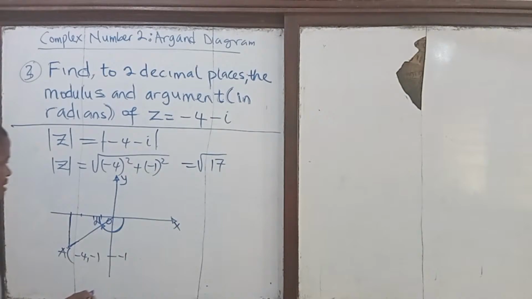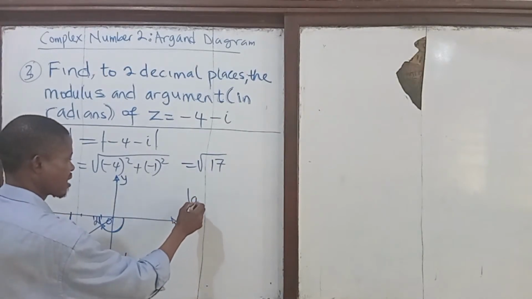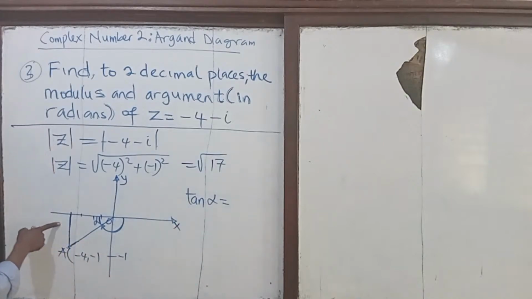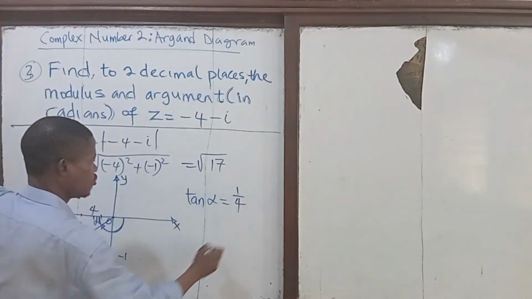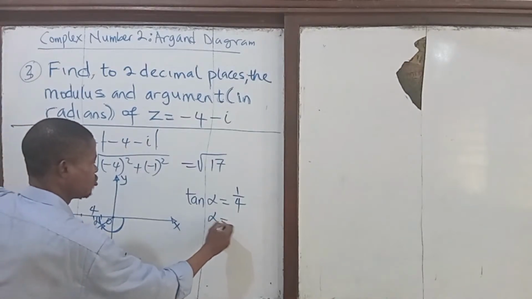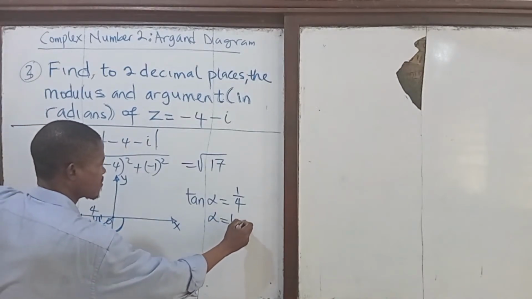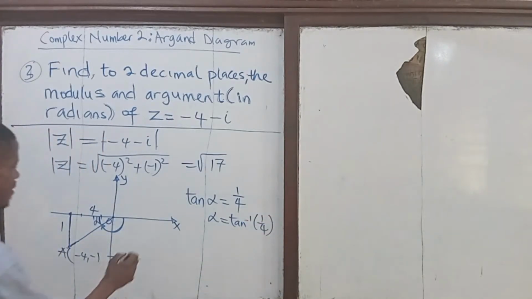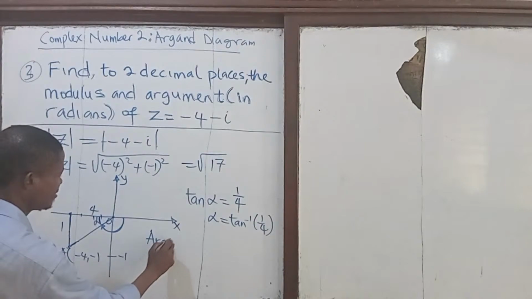Let's get the alpha, then we can get the argument. Alpha is equal to the opposite over adjacent: from here to here, that's y, which is 1, and from here to here, that's 4. So that's 1 over 4, and alpha is equal to arctan 1 over 4. Then we can get the argument, arg z.